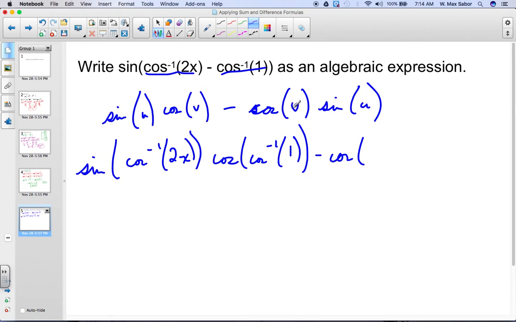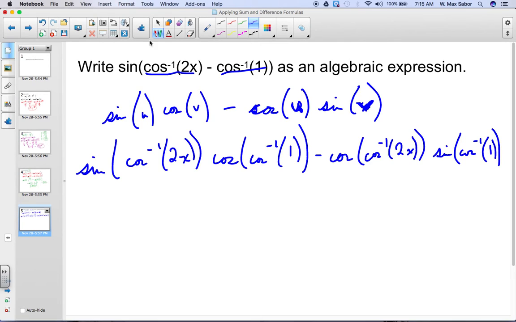Oh, I'm sorry, I wrote this out wrong. This is cosine of u and sine of v. That makes more sense. Cosine of u would be cosine of arc cosine of 2x, sine of arc cosine of 1. If you need to check the substitution in there, that's fair.